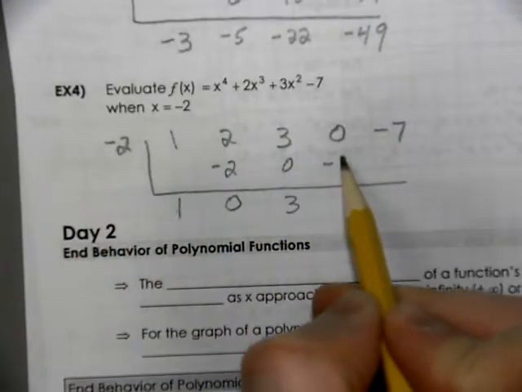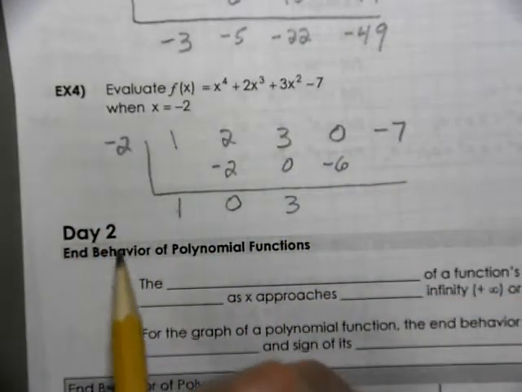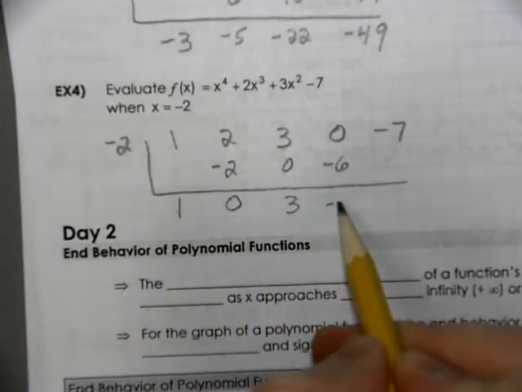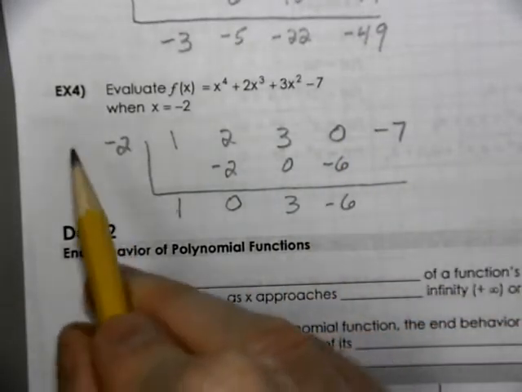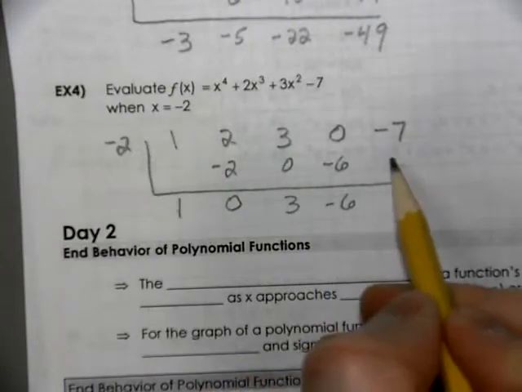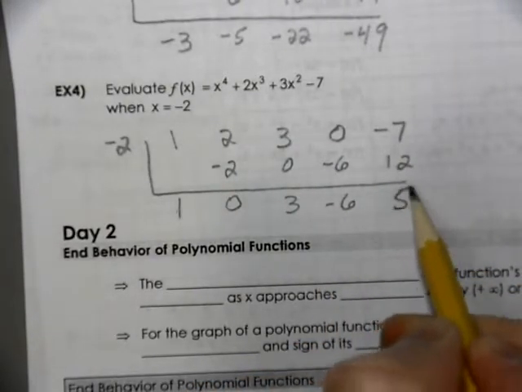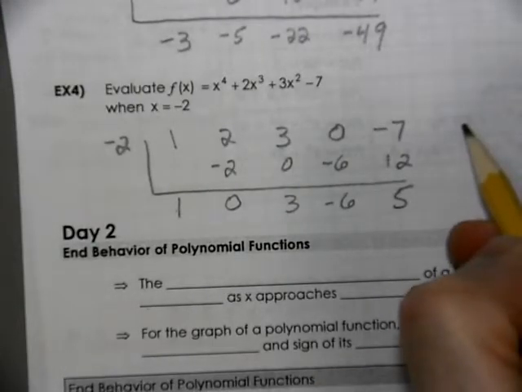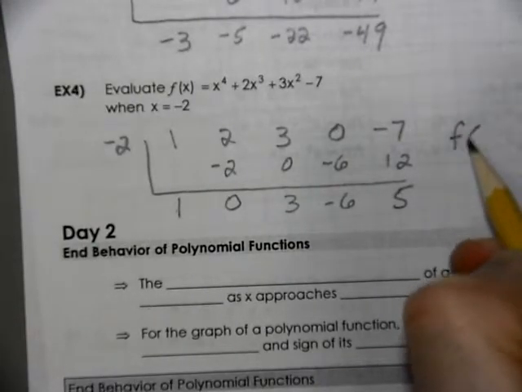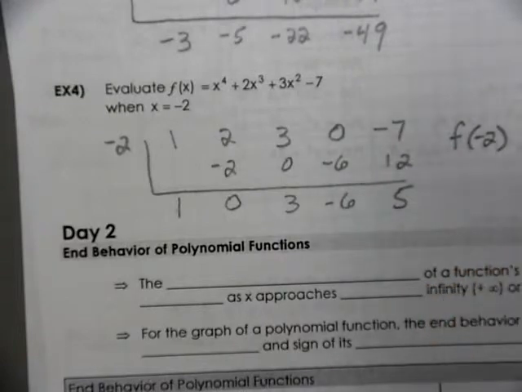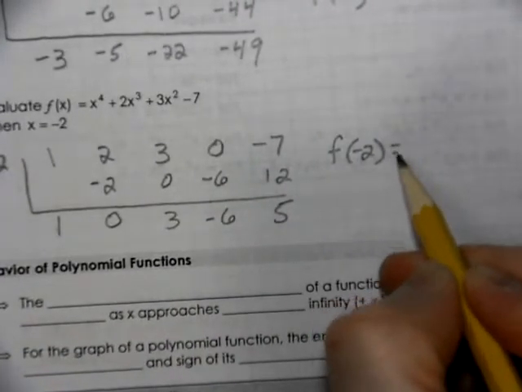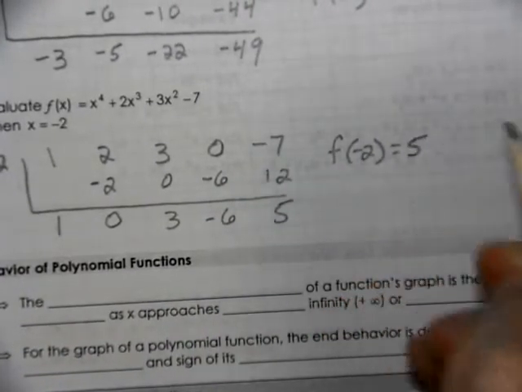Negative 6. Add those two together. Negative 2 times negative 6 is a positive 12. Add those two together. So we know that f of negative 2 is going to equal 5.